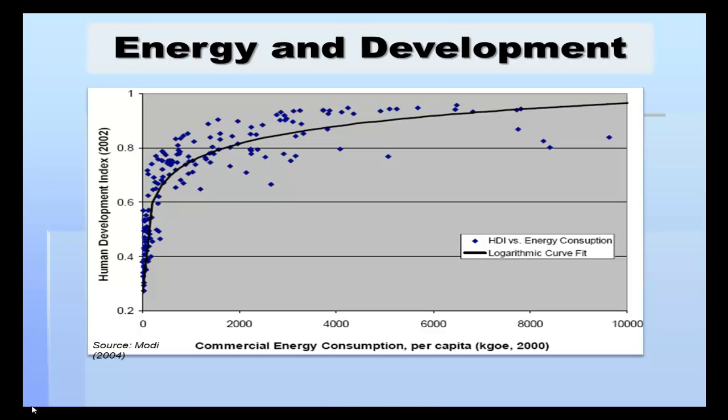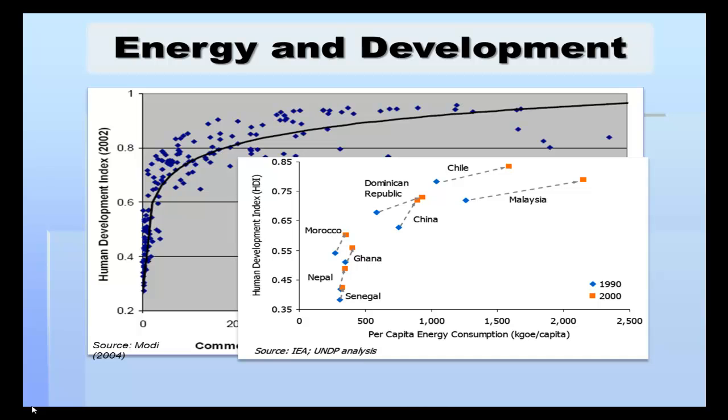Now, if we bring this into context as far as economic growth, development and poverty reduction is concerned, various studies over the last decade have shown clearly that there's a direct link between energy and development. The graph you see here is the Human Development Index versus the commercial energy consumption per capita. And as you can see, there's a correlation. You can see that countries like my own Ghana, Senegal, Nepal, Morocco tend to be in the lower energy consuming end, and our human development indices are also generally quite low, below about 0.55 HDI.